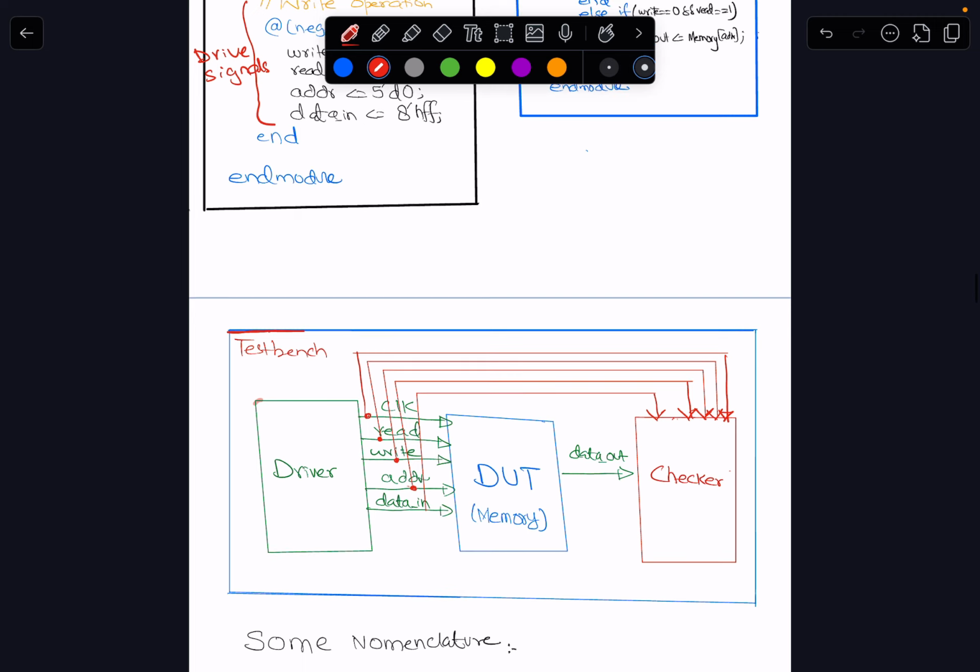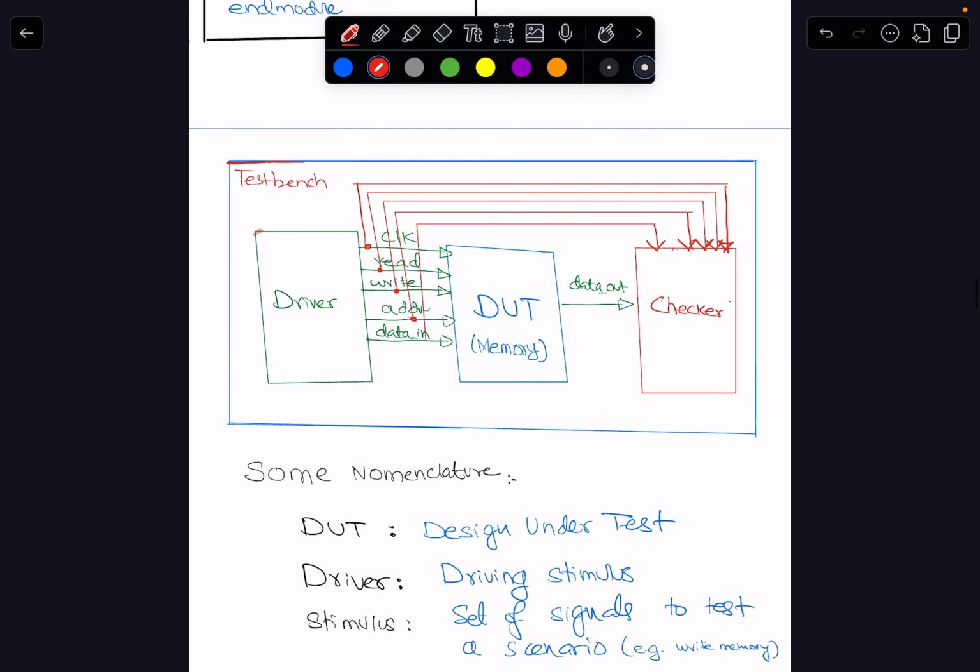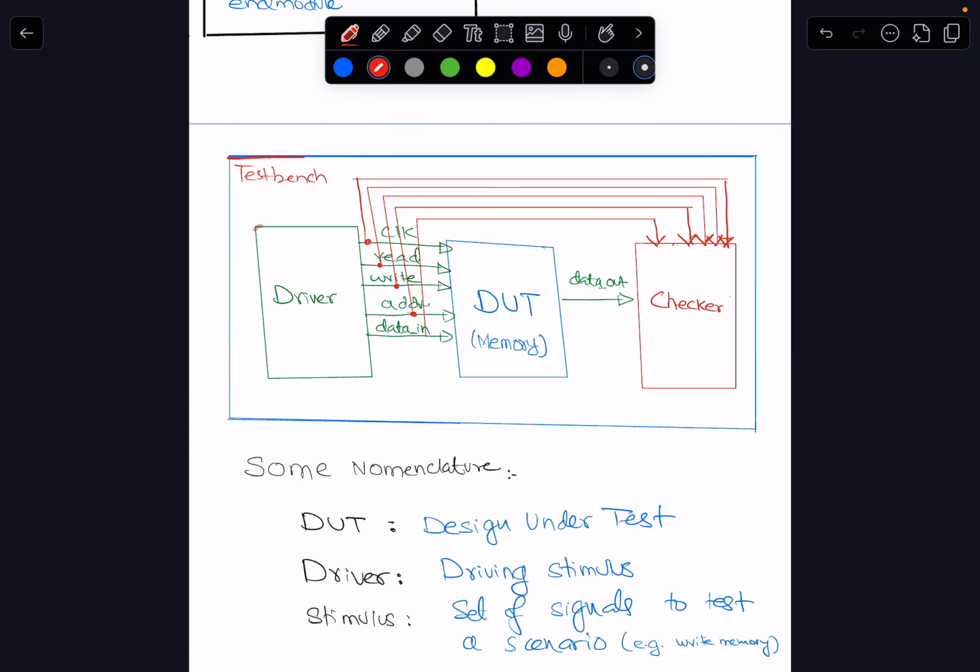So if we see the conceptual diagram of the test bench, basically you have a design under test. There's some nomenclature over here.